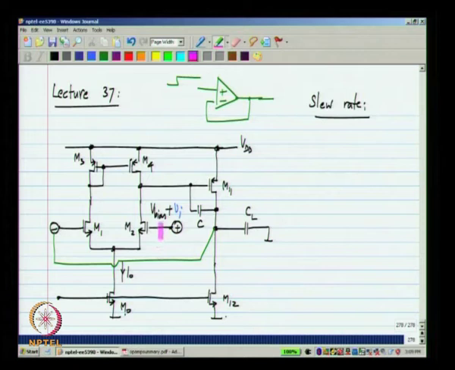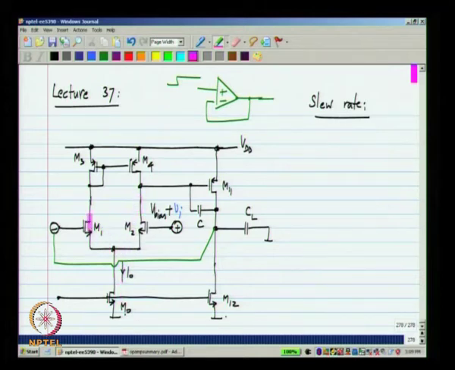Now, we know that for larger and larger values of V I, the incremental current in M2 becomes larger and larger. For very small values of V I, the total current here will be I naught by 2 plus gm1 times V I. As V I increases, the current in M2 becomes larger and larger, but the increment cannot go beyond I naught by 2, that is, the total current in M2 can only be I naught.